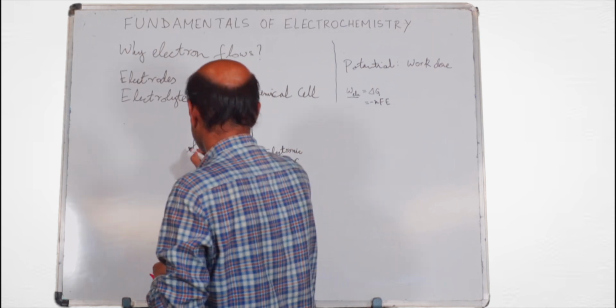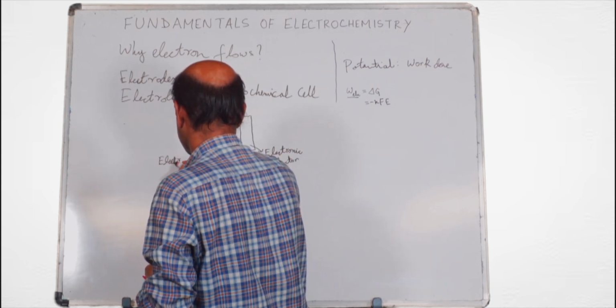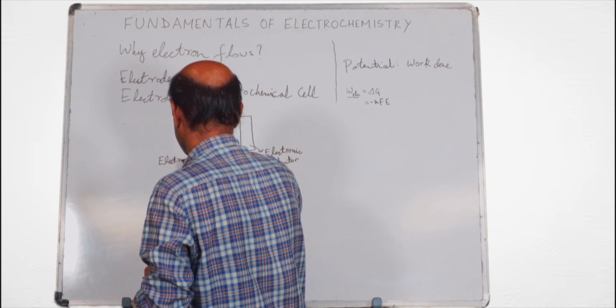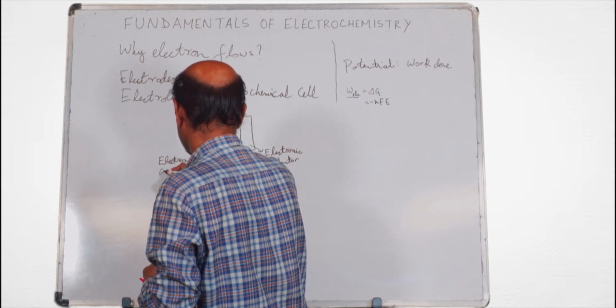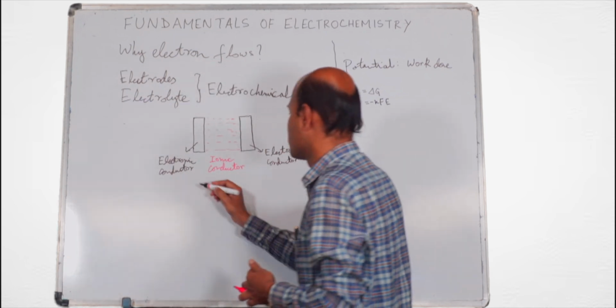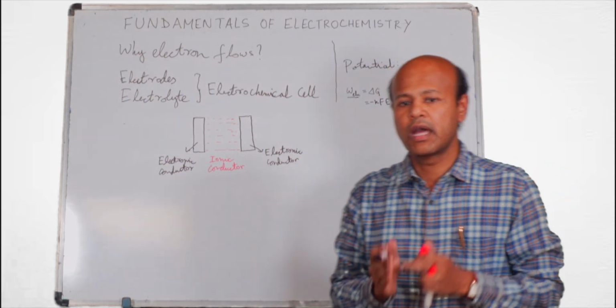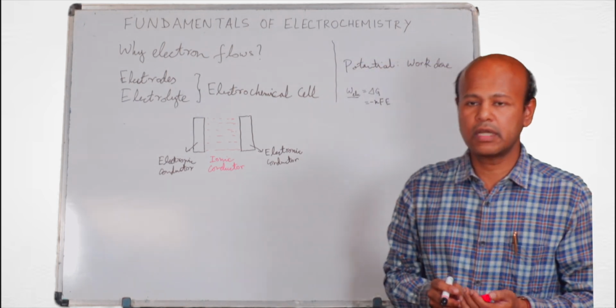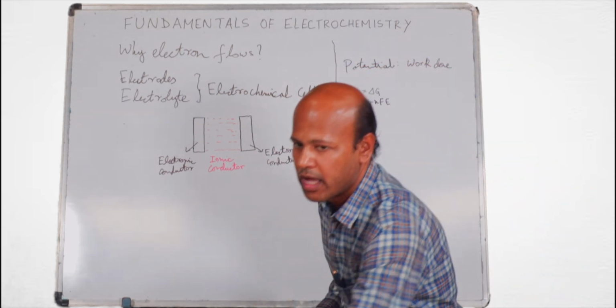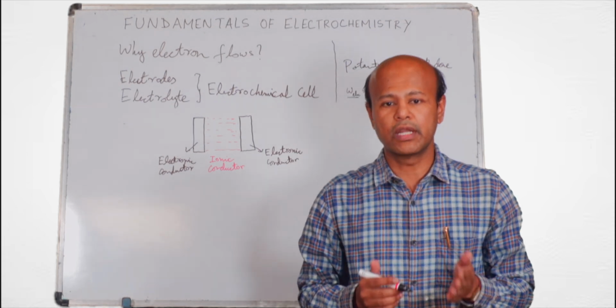This is also an electronic conductor. So two electronic conductors are enclosing an ionic conductor. You can consider the electrochemical cell as an ionic conductor enclosed between two electronic conductors.